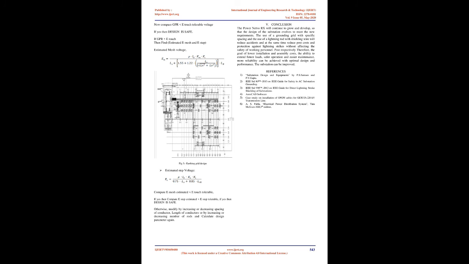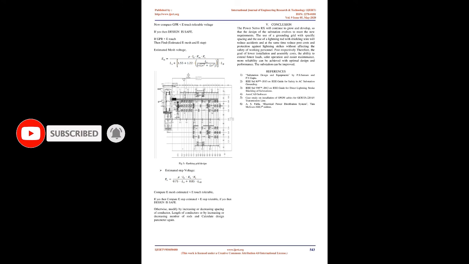Ground potential rise, GPR, equals maximum grid current Ig times grid resistance Rg. Now compare GPR with tolerable touch voltage. If GPR is less, then the design is safe. If GPR is greater than touch voltage, then find estimated E mesh and E step. Estimated mesh voltage. Fig 3, earthing grid design.